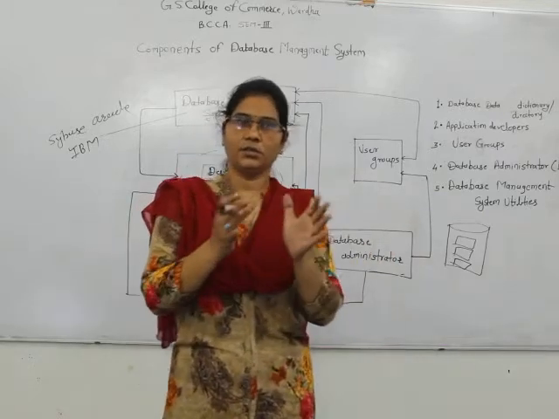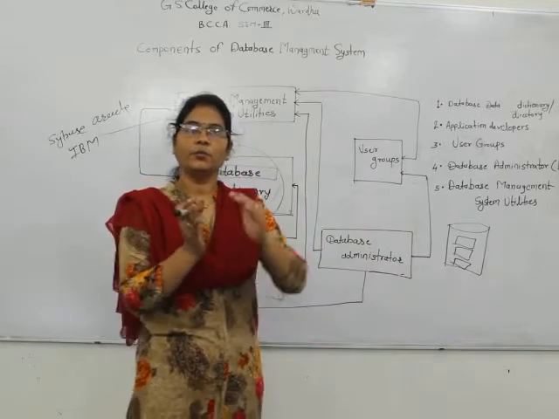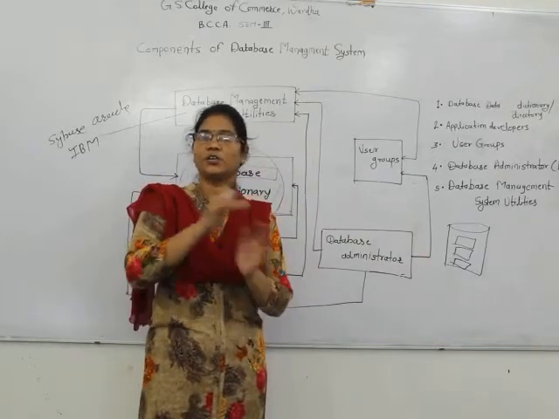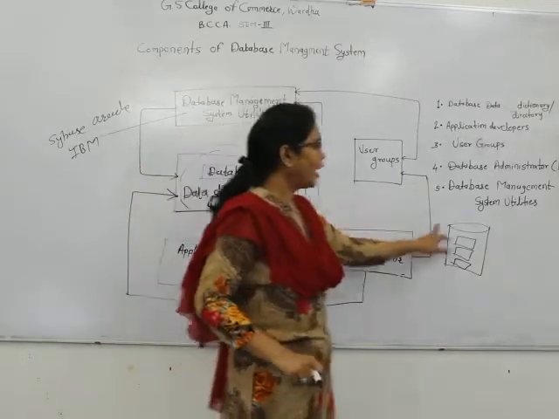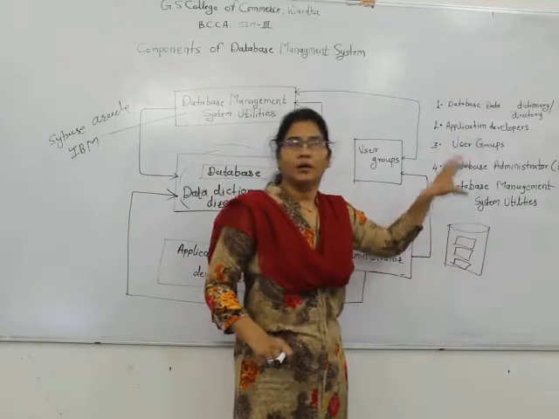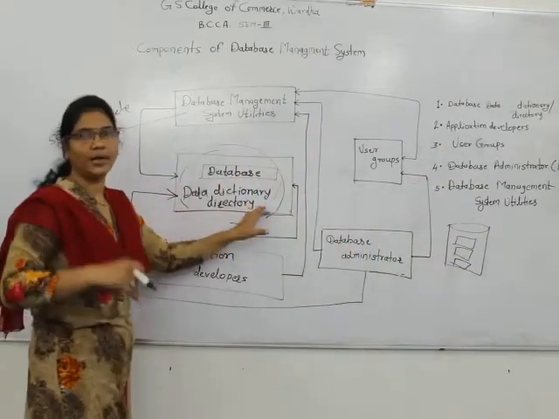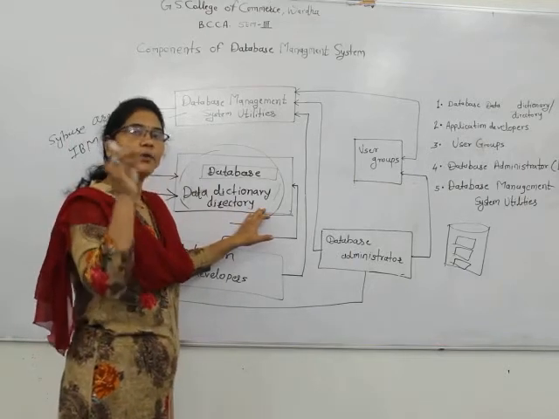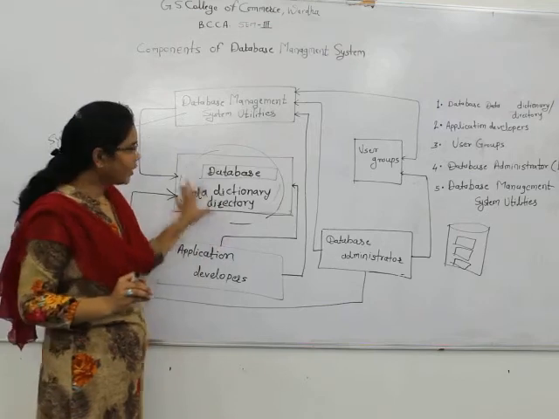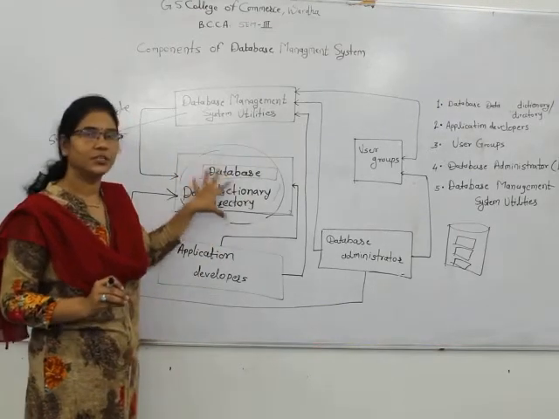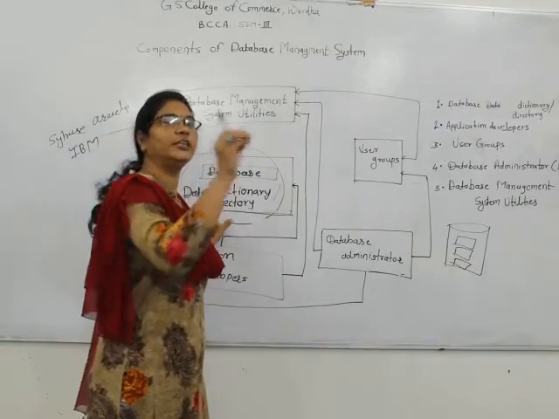When we collect chapters in a book, we maintain an index for searching a particular thing from the book. Likewise, we have to maintain a table which tells us the data about the data, and that is the database dictionary. So the data dictionary maintains the data of the data.